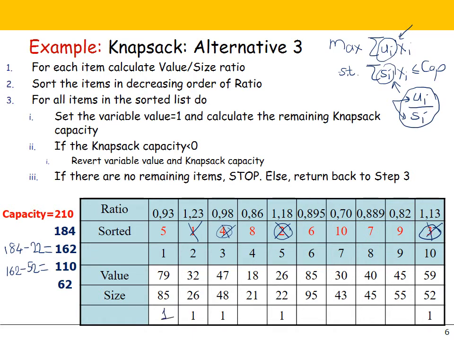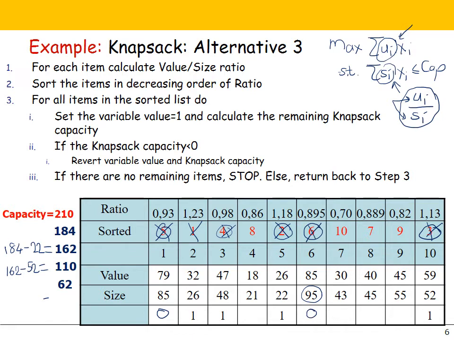Then we make the next one, which is 5, equal to 1, and then we calculate 62 minus 85, which is minus 23. Since it is less than 0, we revert this change and make this equal to 0. So we cannot take item 5 with us, and we just move to the next item. The next item is this one, 6, and since this size is larger than the remaining capacity, we cannot take it.